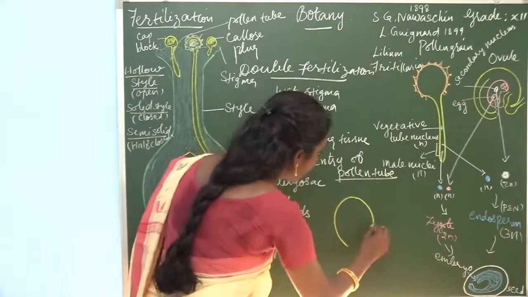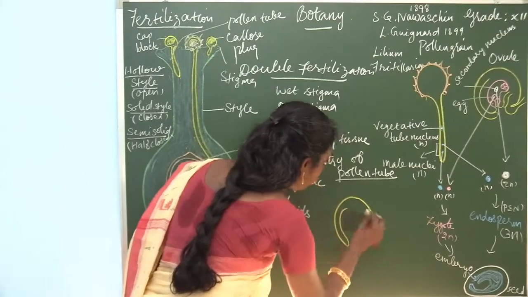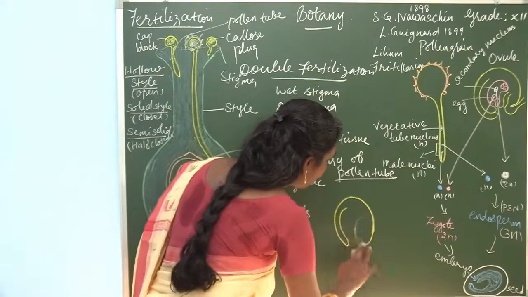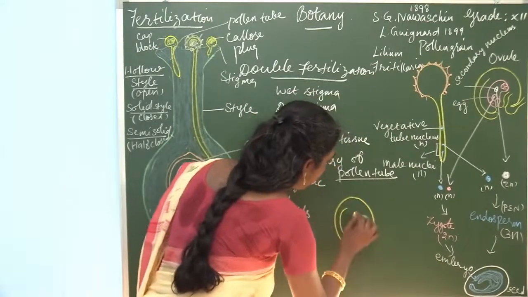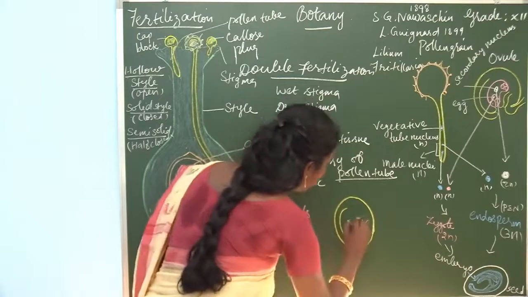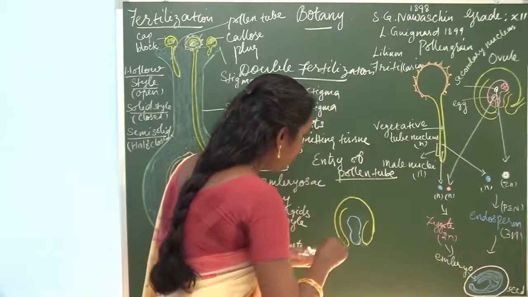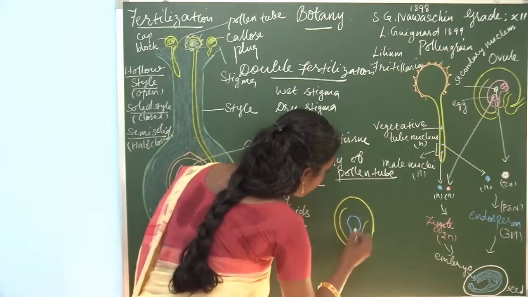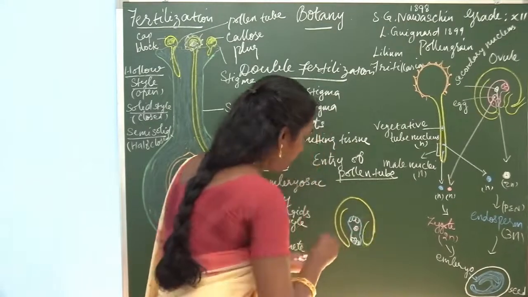This is the ovule which contains the embryo sac. In the embryo sac, there is the egg, and these are the synergids. Here are the antipodals and here are the polar nuclei.